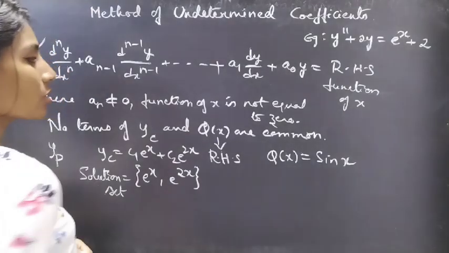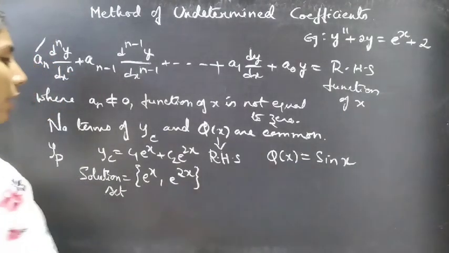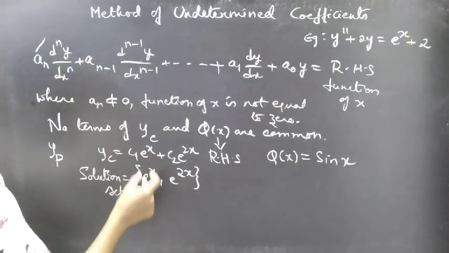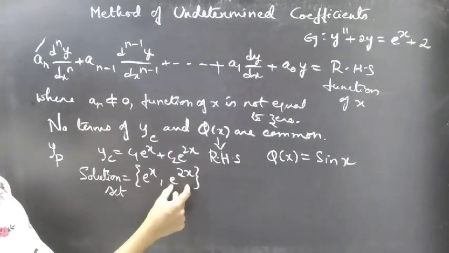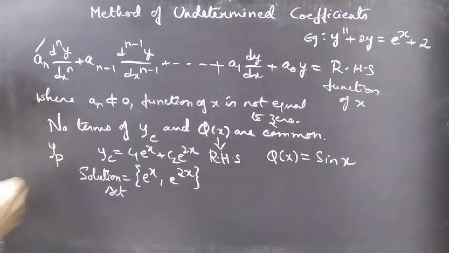And in q of x we have sin x. Do we have any common terms here? We don't. The solution set has e^x and e^(2x), which come from yc, and q of x has sin x. By observing these two, we can say that it does not contain any common terms.